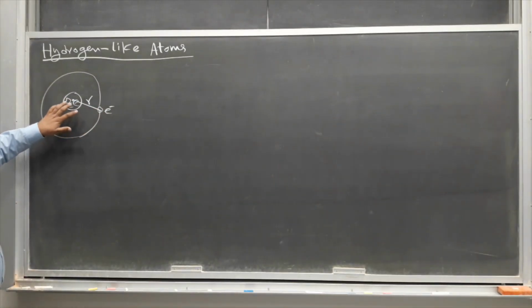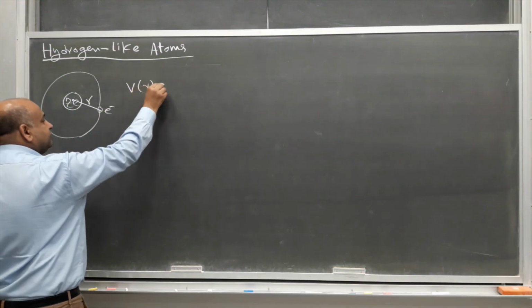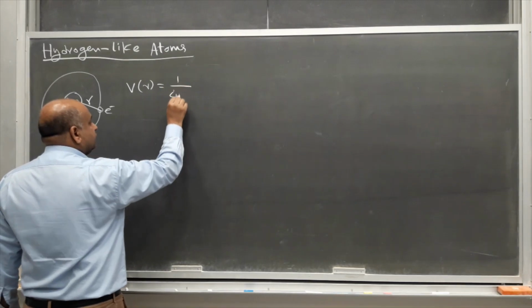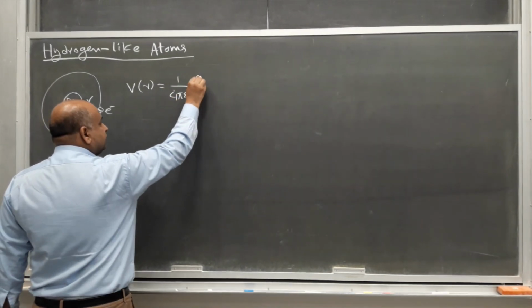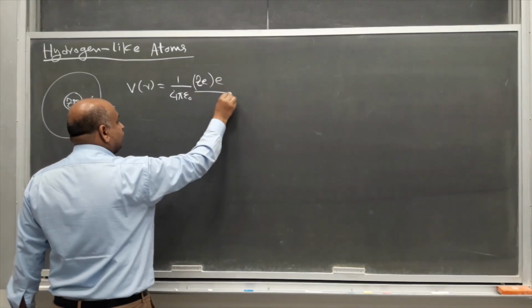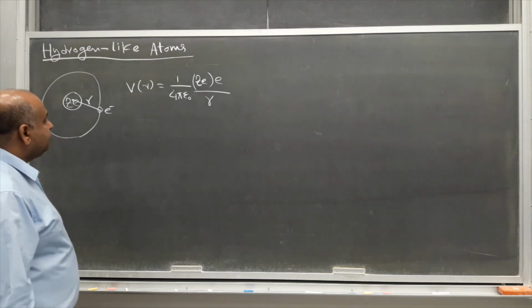The potential for these two particles, we can easily write it, that is given by Coulomb's law. It's 1 over 4 pi epsilon naught, Ze is the charge on the nucleus, e is the charge on an electron, and r is the distance between the two.